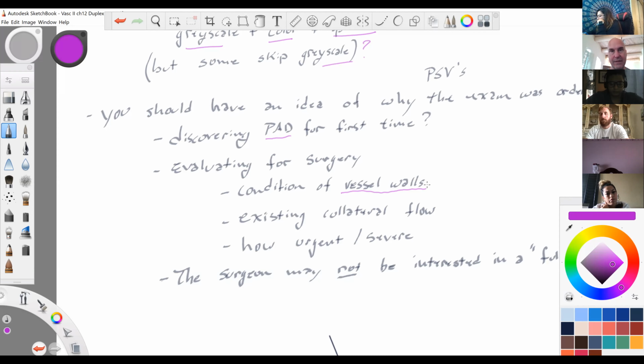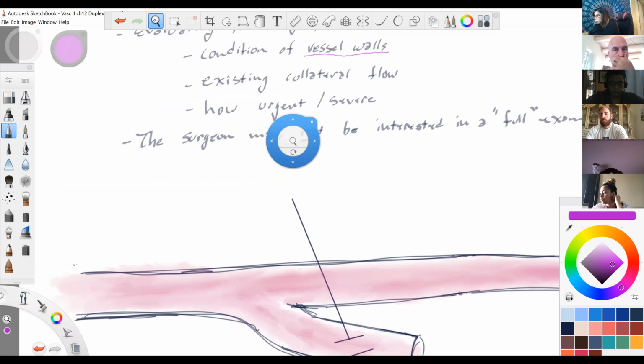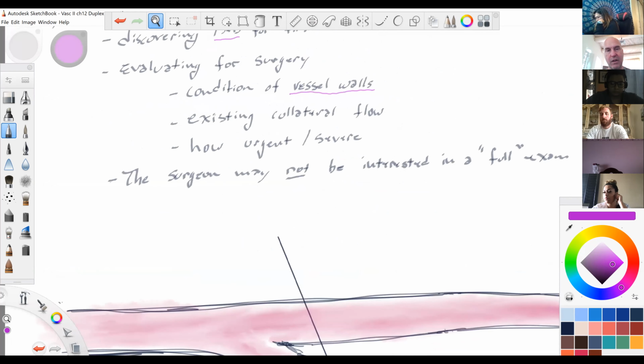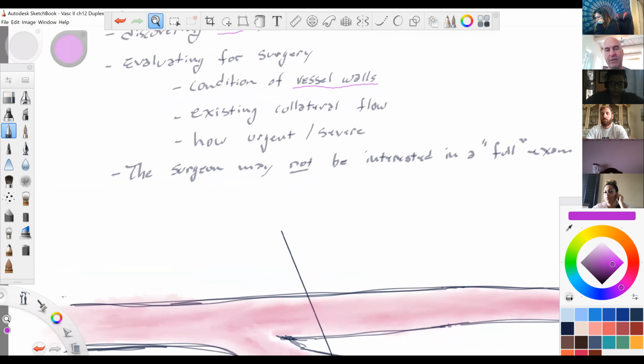And now it becomes an emergency case because this person needs surgery immediately. Otherwise, their foot is a goner. So yeah, the surgeon may not be interested in the full exam.